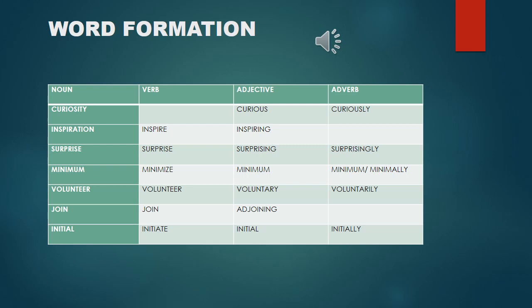So I highly recommend you do this frequently, or maybe, if it is easier for you, you can do it on your PC. It would be more entertaining for you. Now, let's look at those examples. If the noun is curiosity, what are the other forms?